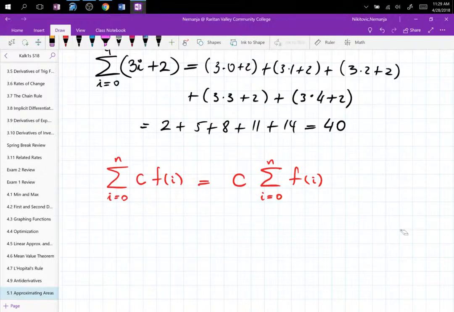But c, it's a constant. You can also kick out x, because x is not the variable for the sum. i is the variable for the sum. x is not.